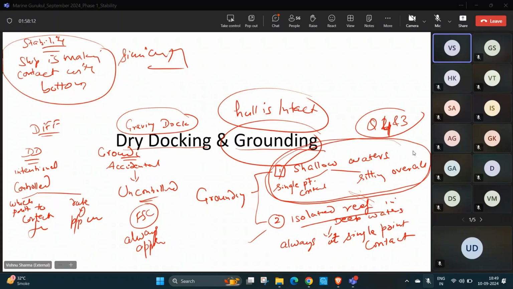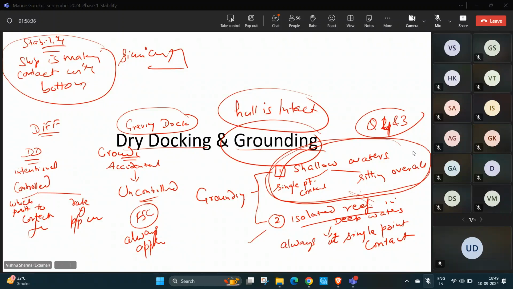Therefore, you had to establish first whether she's sitting completely or not. Guys, we will not use the words critical period or critical instant for grounding. Those words are only for dry docking. The occurrences will be similar, but they will not be named the same.